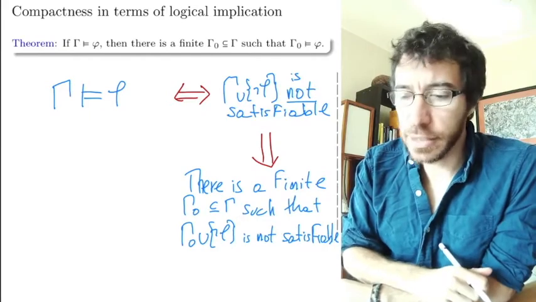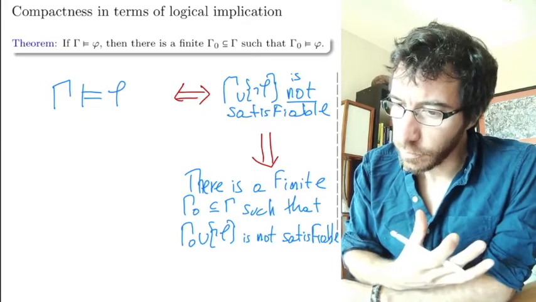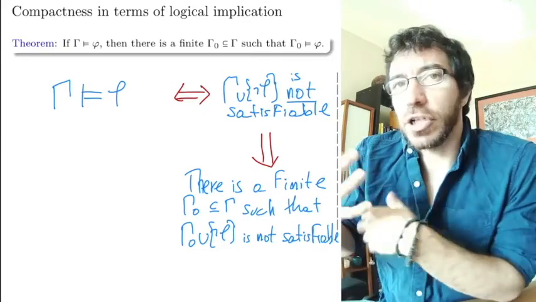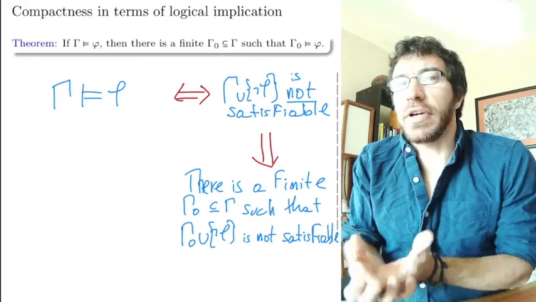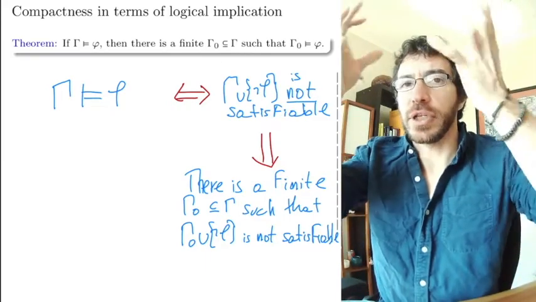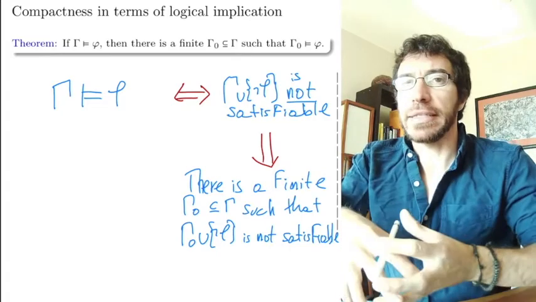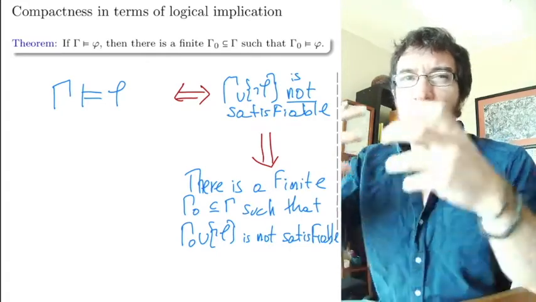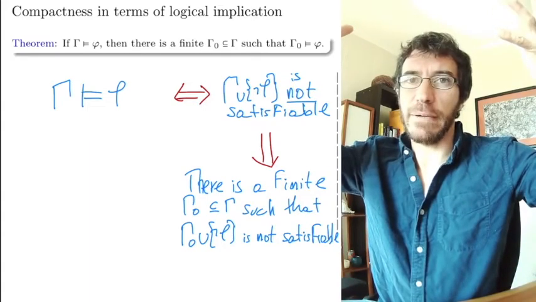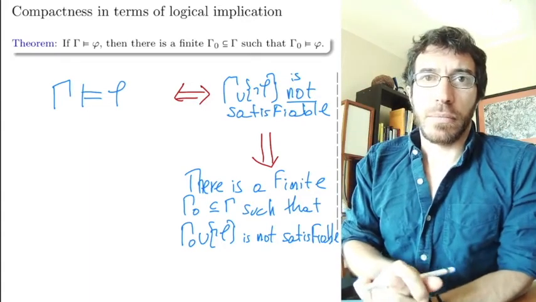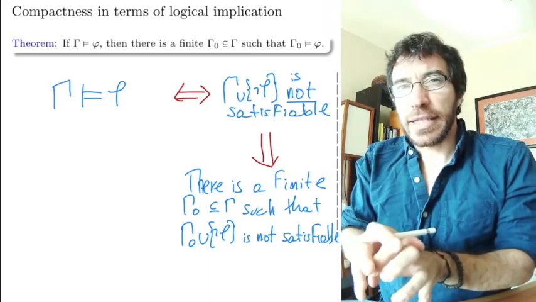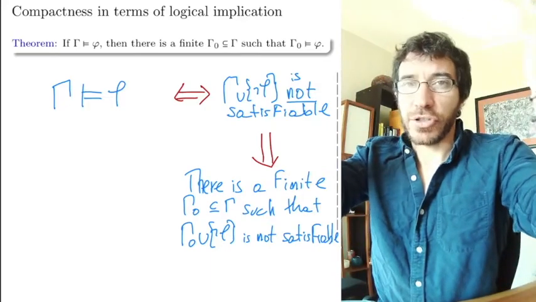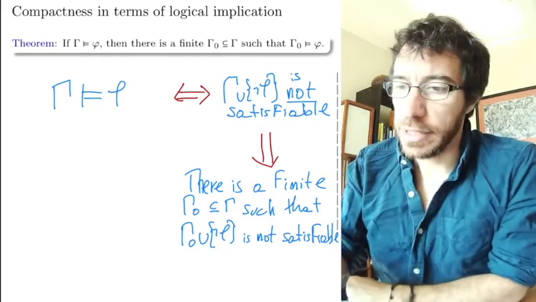So compactness says, the contrapositive: if every finite subset is satisfiable, then the whole thing is satisfiable. So if the whole thing is not satisfiable, then some finite subset must not be satisfiable. And actually, this is an if and only if, because if some finite set is not satisfiable, then of course the whole thing is not satisfiable. Just adding more things.